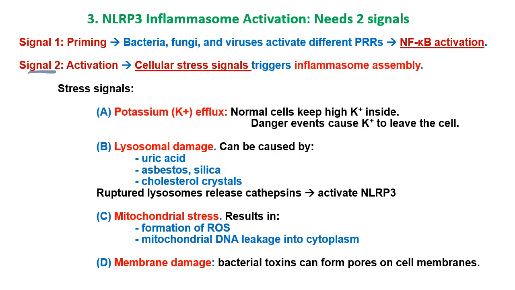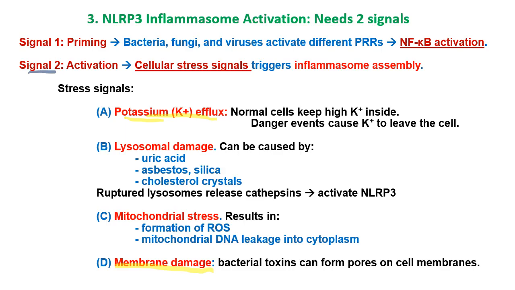Okay, so what kind of signals do you have? Well, you can have potassium leaking out of the cell, right? Because remember, because of the sodium-potassium pump, you get potassium inside, sodium outside. In this case, you're going to have leakage of potassium. And that could be due to internal stress, but it could also be due to certain bacterial toxins that can punch holes on the cell membranes of the host, right?